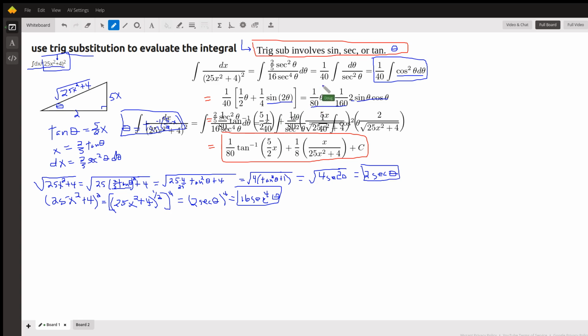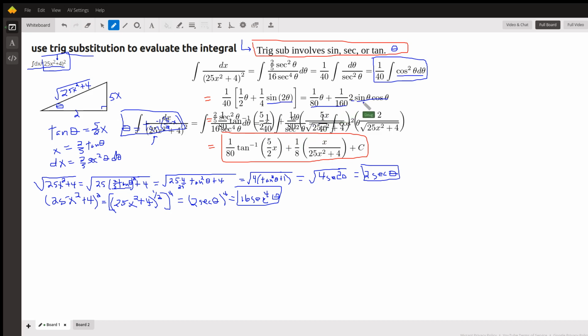Now we're ready to replace theta. So theta, well, we did have to use this, the inverse tangent of 5/2 x, plus, you can see that 2 goes into 160 80 times.